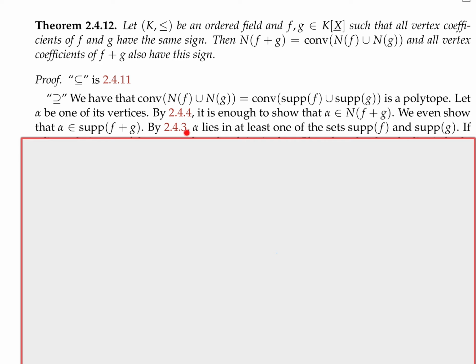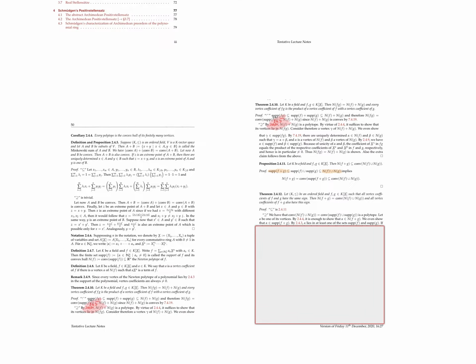By 2, 4, 3, alpha lies in at least one of the sets support of F and support of G. That might be a bit subtle again, but it's easy.